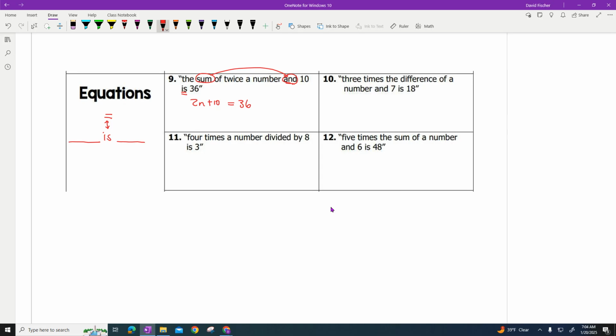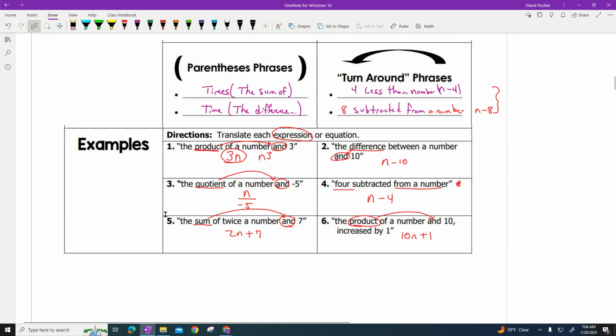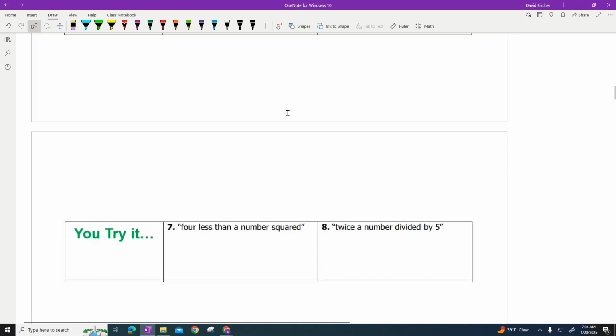Okay? 3 times the difference of a number and 7 is 18. So I'm going to put 18 down there. There's my equal sign. There's what's on the right. Now I need to get the left side here. 3 times the difference. Well, this is going to be 3. There's going to be a group here because that's back up here to this guy in our notes. Times the difference. That's a parentheses phrase.